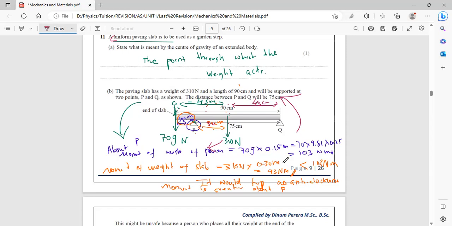So that becomes a lower value. So that's lower than 103. So that means the moments are unbalanced. So the slab will tip as the anti-clockwise moment is greater than the clockwise moment about P.